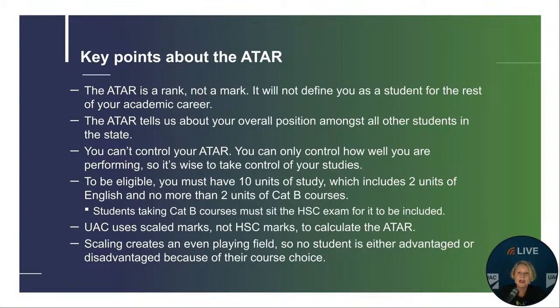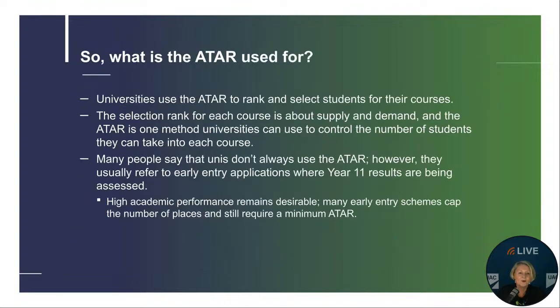So when we do the calculation of the ATAR, of course, we're using scaled marks and not your HSC marks. Scaling is just, of course, the first step in the calculation, and it is done to create a more even playing field so that no student is either advantaged or disadvantaged because of their course choice.